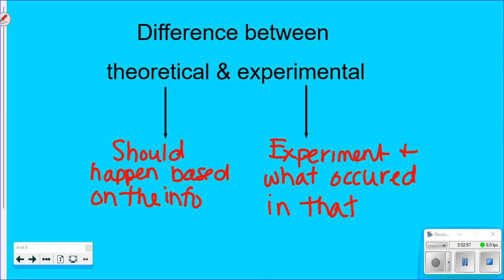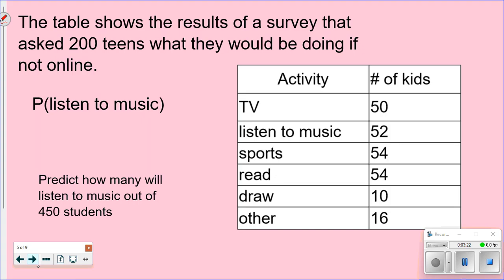Remember last year, we talked about these two things, and it was hard for you guys to know the difference between the two. That's why I made sure I had a slide like this, so we could see the difference side by side. Theoretical is what should happen based on what we're given, without doing any experiment. Experimental is what happens after my experiment. All right, so we're going to practice both of these things.